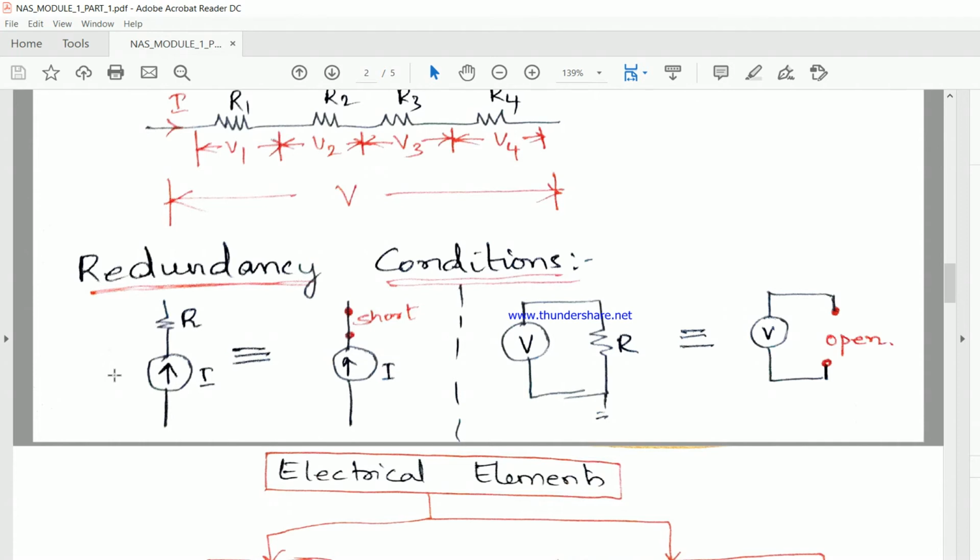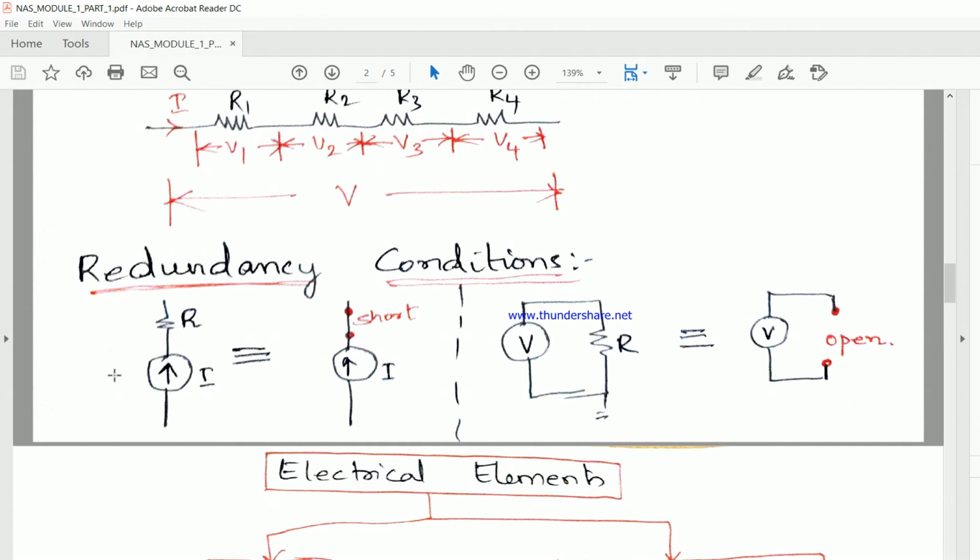Okay, the second redundant condition is when you find a voltage source in parallel with a resistance. See, the voltage drop across the resistance in a parallel network remains the same, irrespective of the value of the resistance connected in parallel.